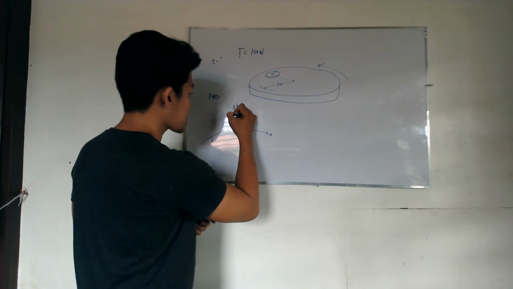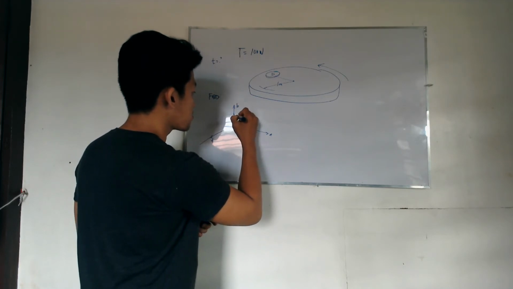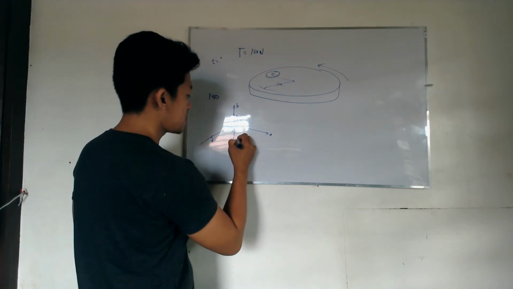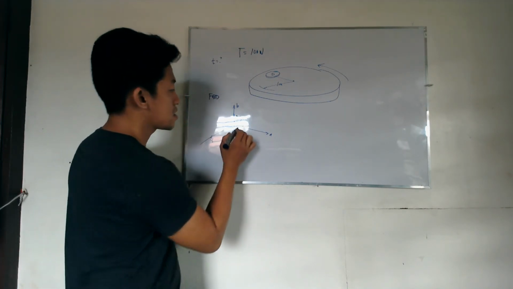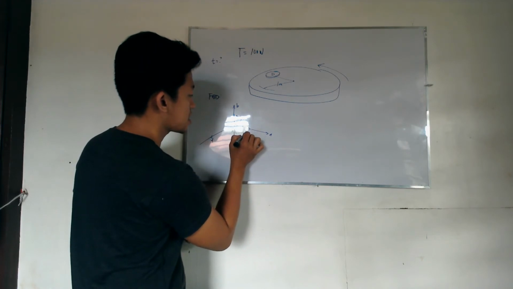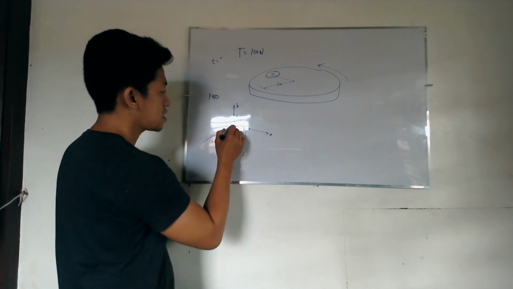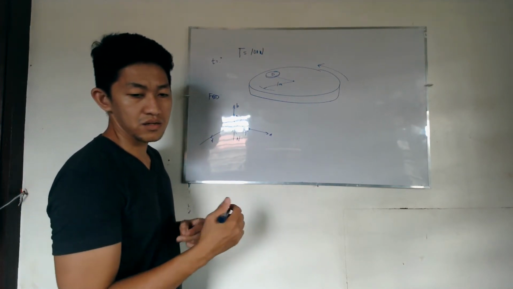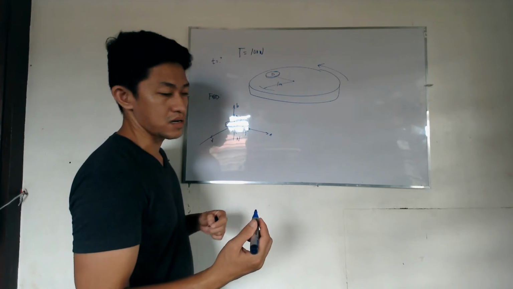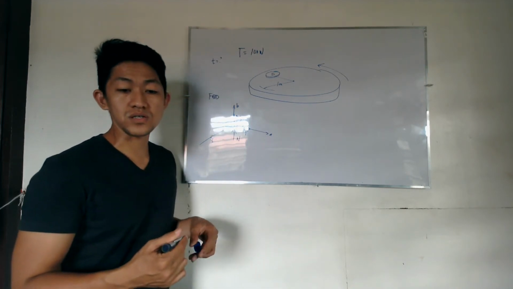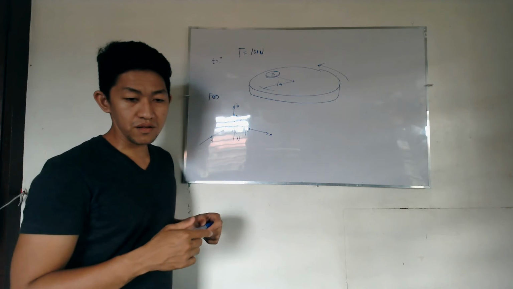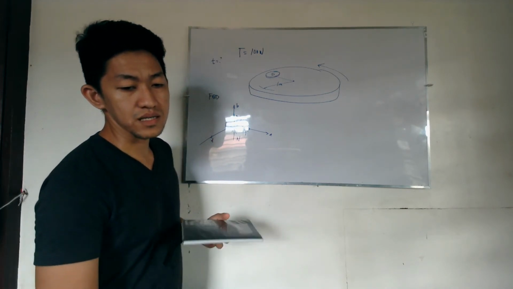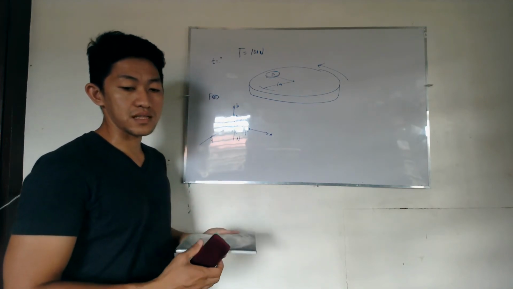The forces involved: first you have the weight, then you have the normal force, the tension, and, this is the tricky part, the direction of the frictional force. The frictional force is always opposite to your motion, right?